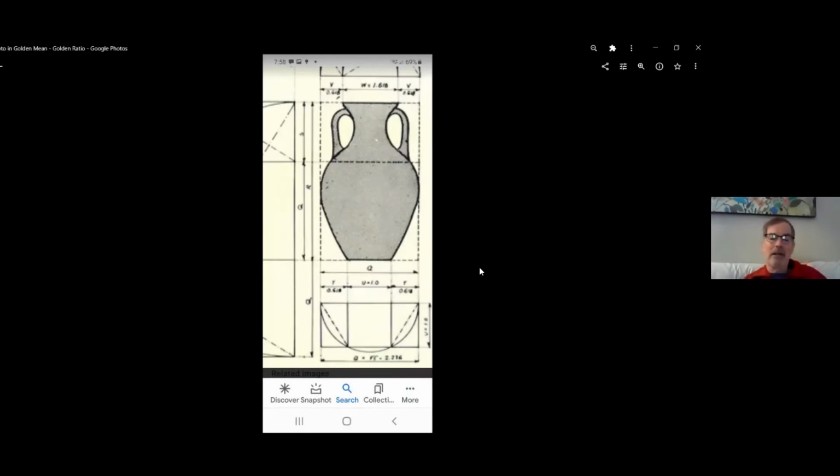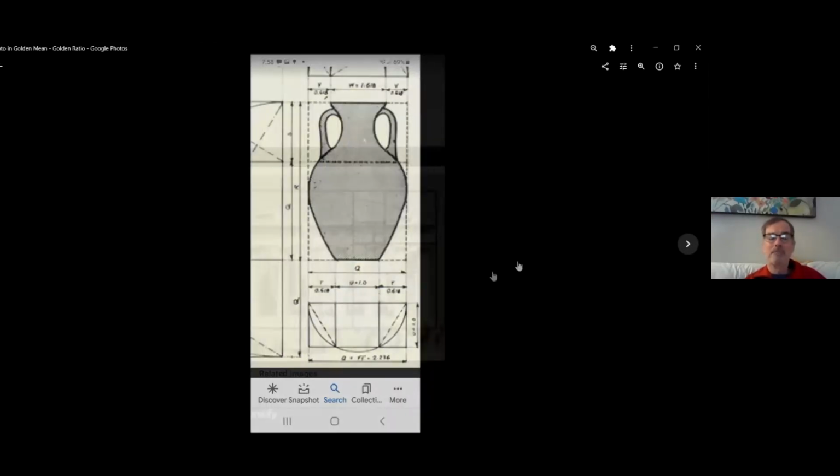I don't know the date of this, but you can see where there is playing around with the comparison of the width, let's say, with the diameter of the base. And it's interesting, they've got other triangles and circles they're messing with here. So they did that, but they certainly utilized this in their pots and so on.